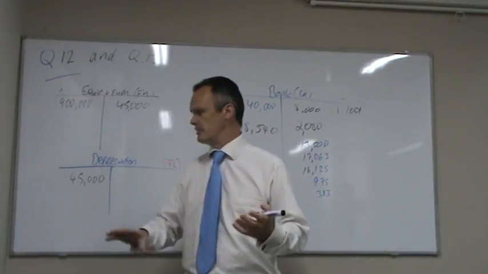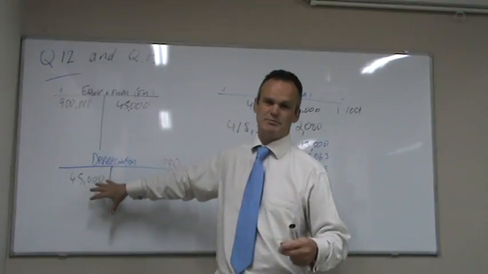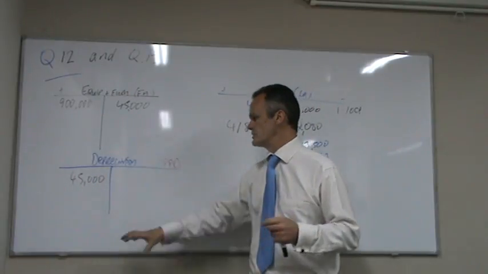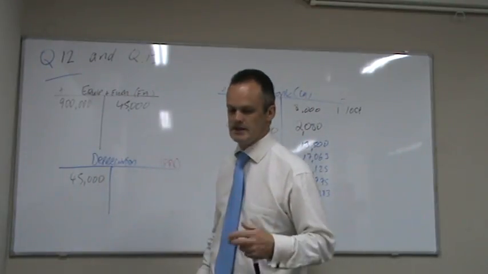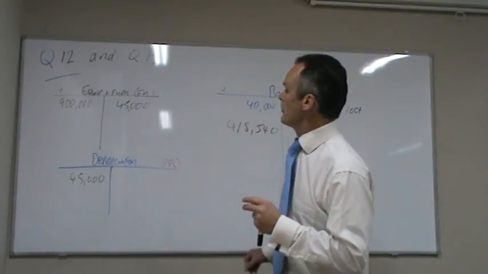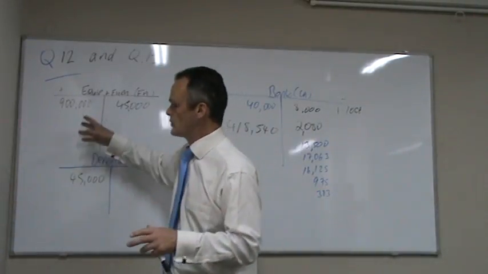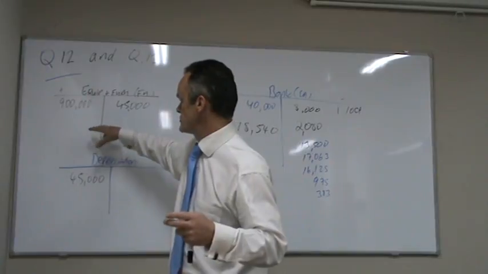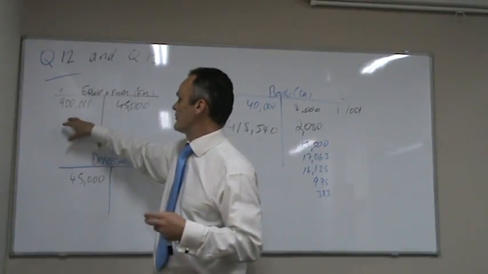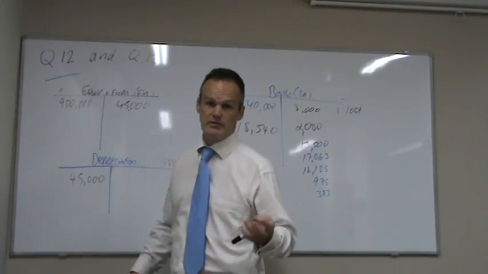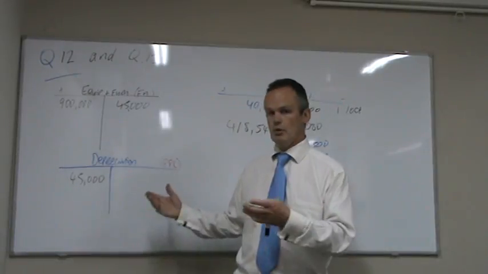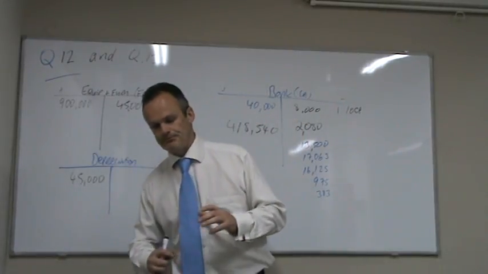I know there's more to this process, but from a management point of view, this is about as much as you really care about. So this is like the end of question 12. We depreciated our furniture and equipment. So the value of our furniture and equipment is now 855,000, as opposed to the 900,000 we bought it for.